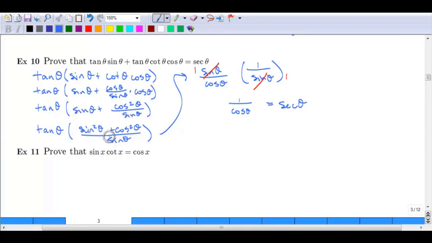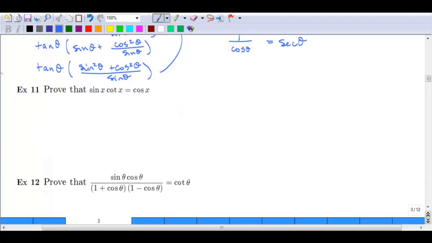That's what we get here, remembering that sine squared plus cosine squared is 1, and that tangent is sine over cosine. Doing some simplification, we end up with 1 over cosine of theta, which is secant of theta. So this whole big mess here can be simplified down into secant of theta, which is why we choose to do this sometimes, because we want to end up with something simpler. Mathematicians like things simple, believe it or not.